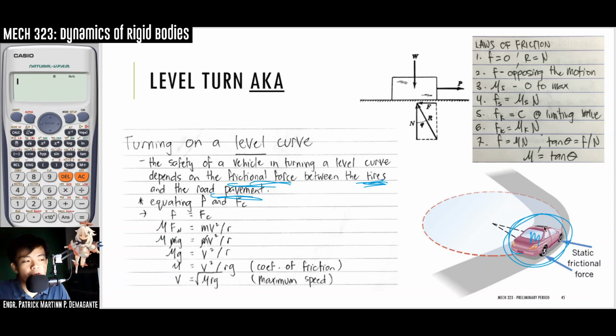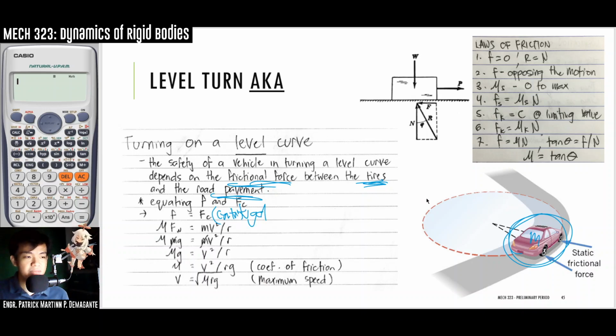Then, if we are going to do a turn, syempre, meron tayo inertia. Kasi inertia natin, gusto niyan mag-tend to go to a straight, to follow a straight line path. So, ano mangyari? Magkakaroon kasi ng change yan in direction.